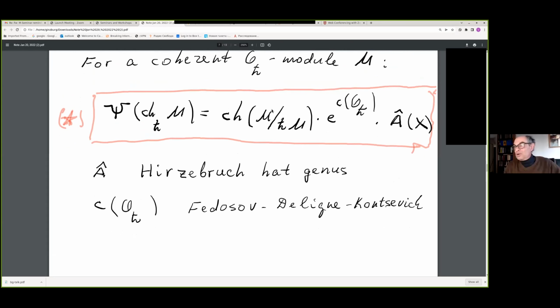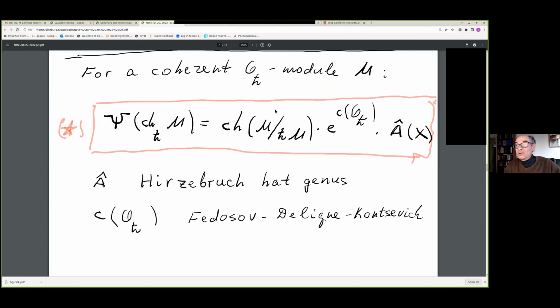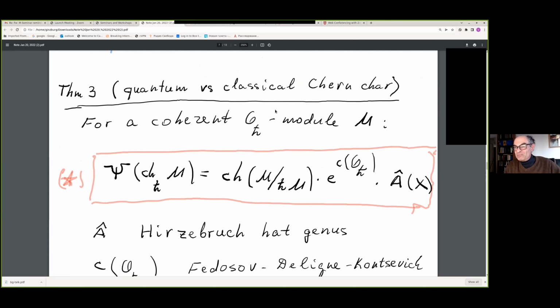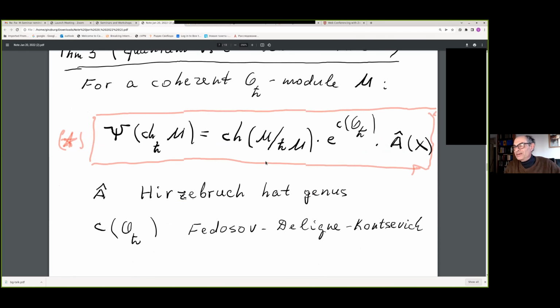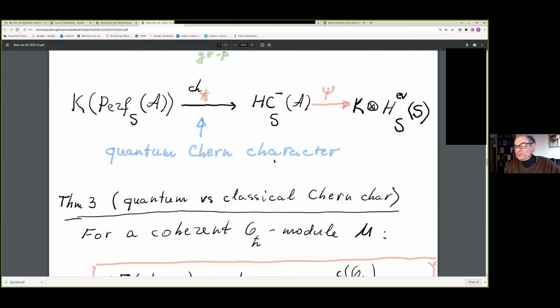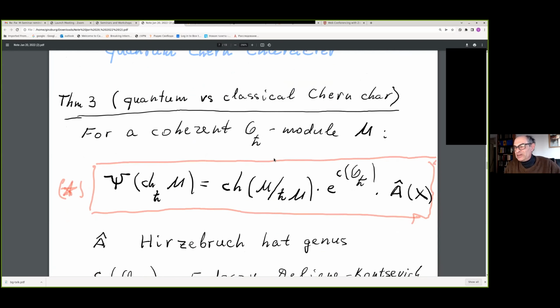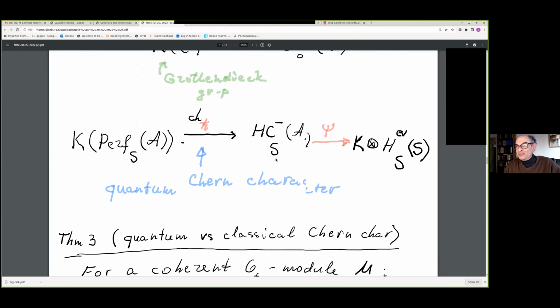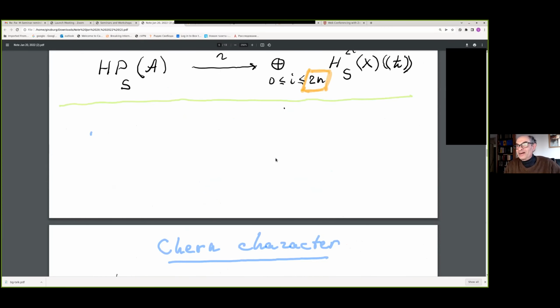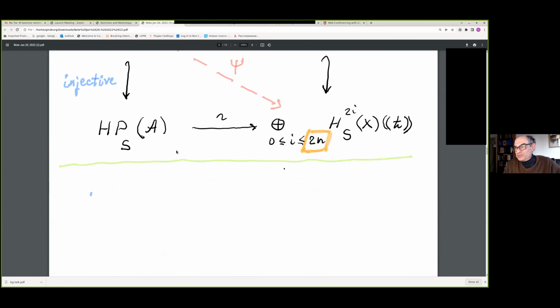All right. Once you prove the main theorem, the formula is not really difficult. In order to formulate any connection between quantum Chern character and classical Chern character, you first have to identify quantum cyclic homology with something classical. And until you do that, there's no way to formulate any statement.